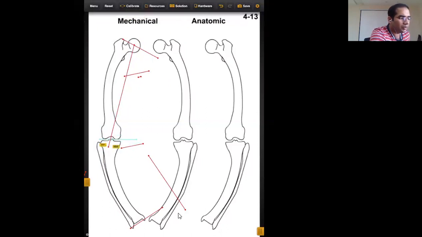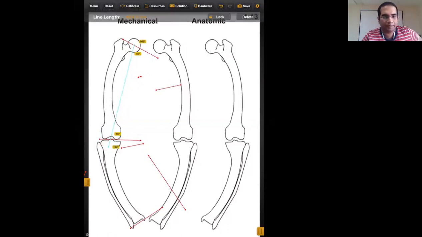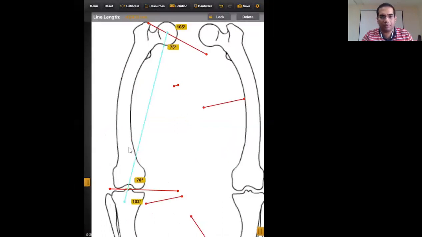We see over here that the lateral proximal femoral angle mechanical is 105 degrees.